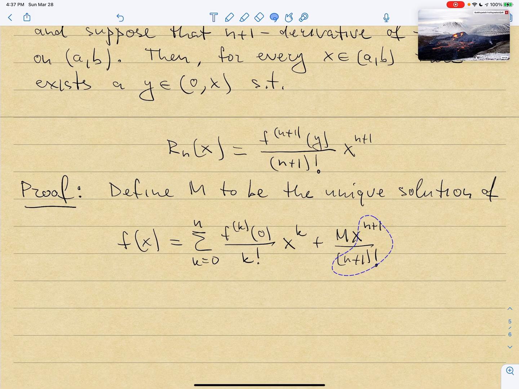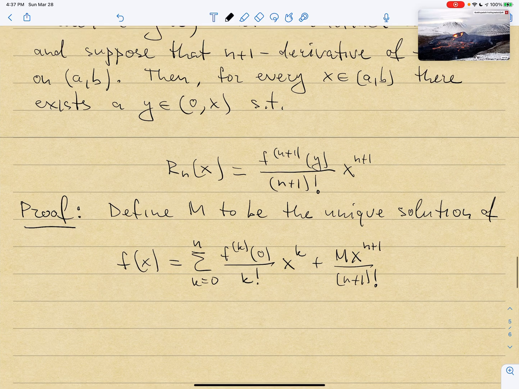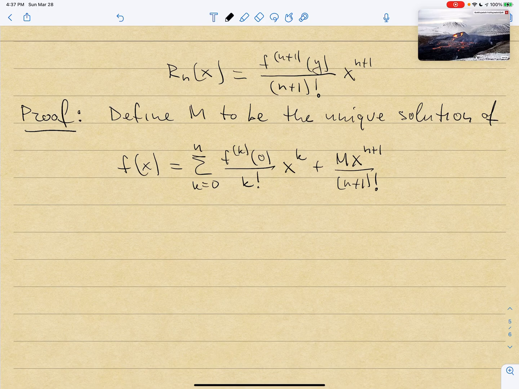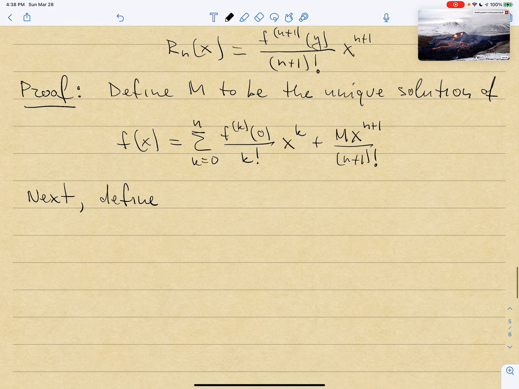Okay, so then what we're going to do next, I'm going to define another function. And I'm going to call this function g of t.